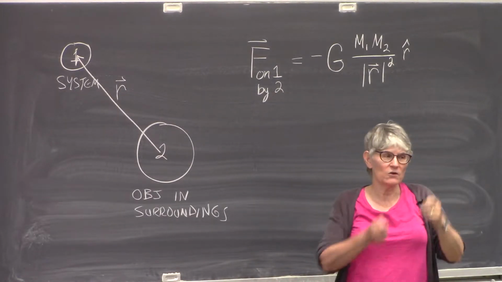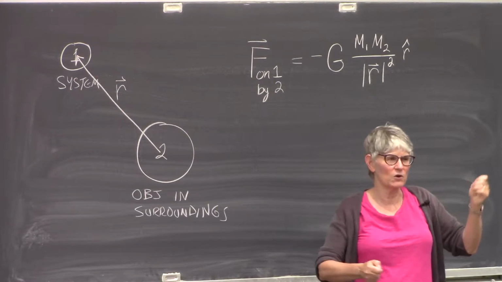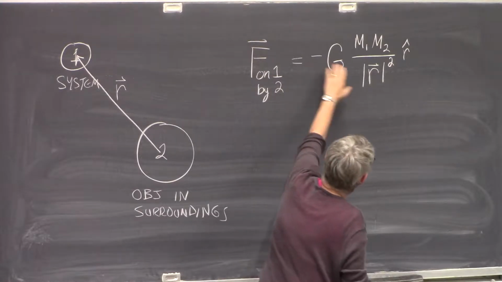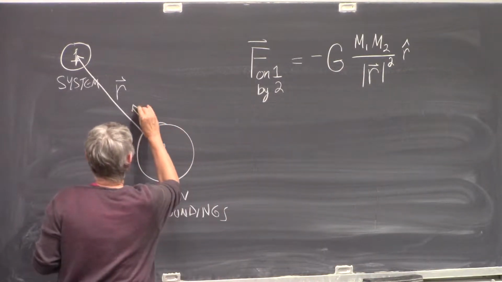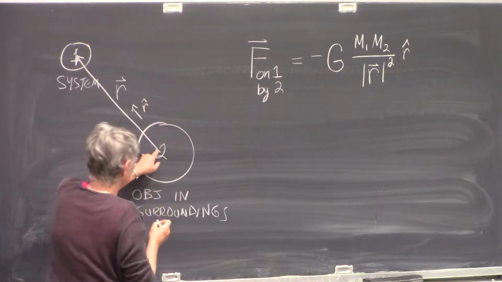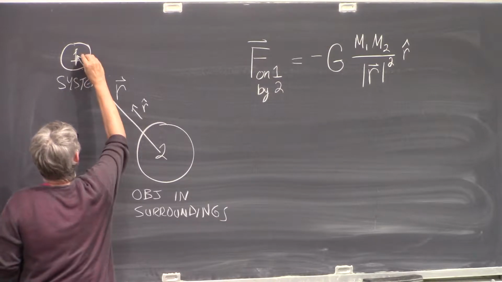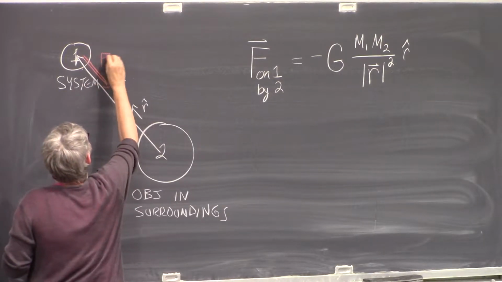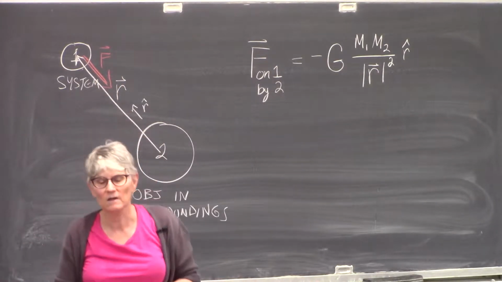So as the distance increases, the force drops by 1 over the square of the distance. And the direction is given by minus r hat, because r hat points that way, but we know that gravitational force is attractive, so that's the force we're calculating here.